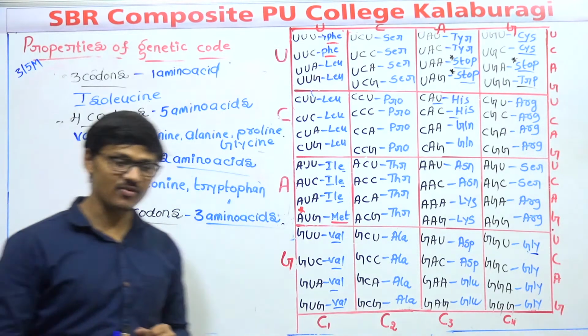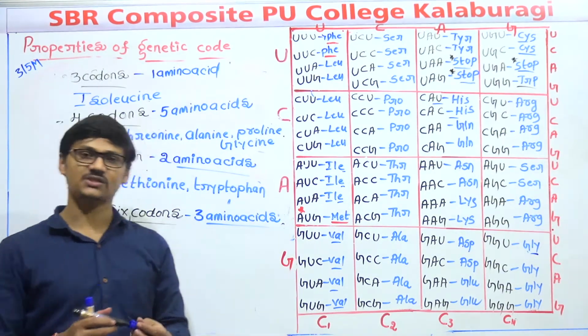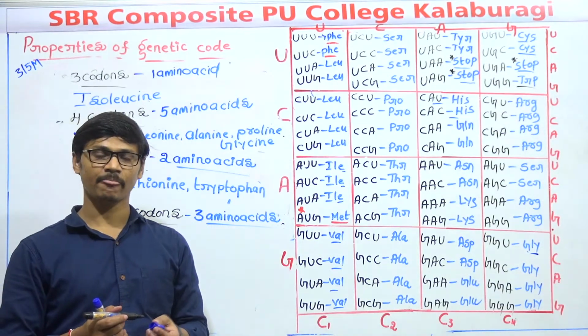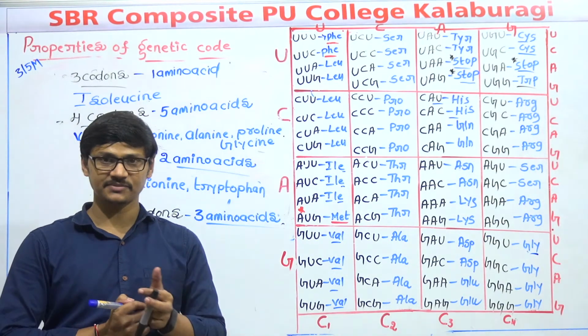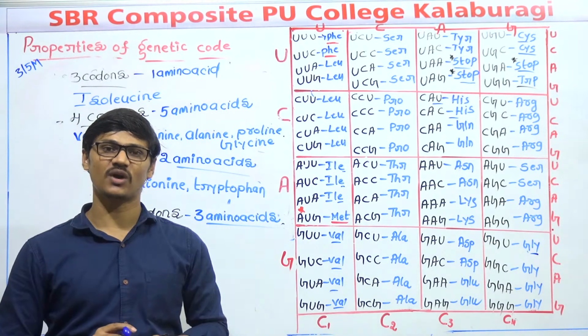And students, I have one question for you. You just try to find out the answer for this. If you find the answer, you can post it in the WhatsApp group. My question is, just now we discussed genetic code is degenerate, meaning each amino acid is having more than one codon.